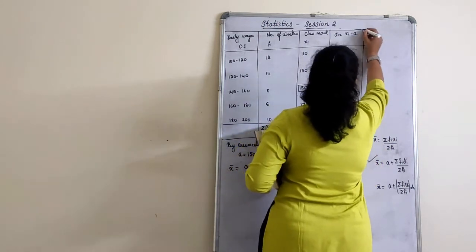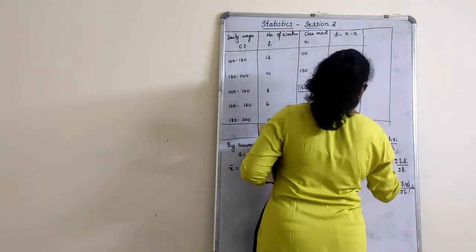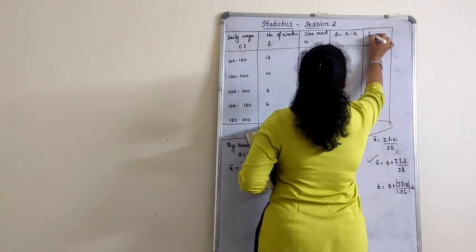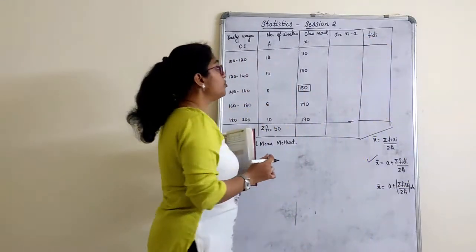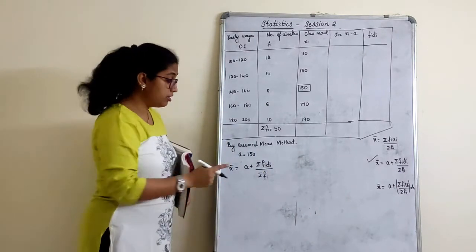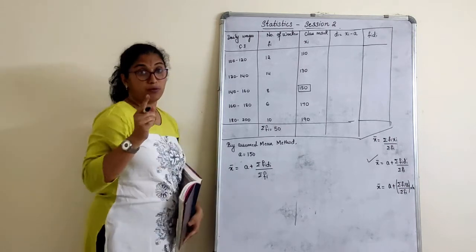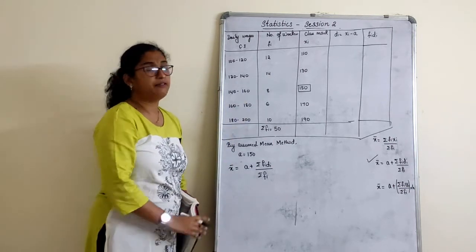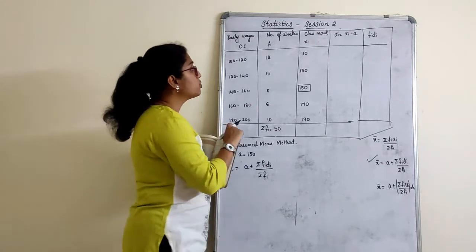After that is Fi di. Now do you understand how to remember the table? You can remember the table only if you have the formula. According to the formula, you remember the table. Very simple.